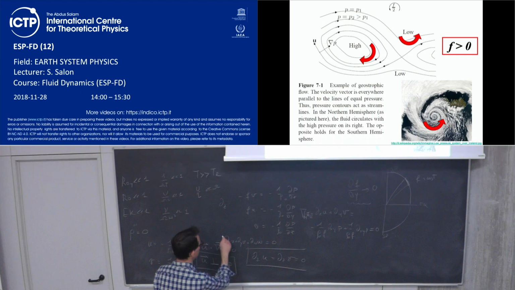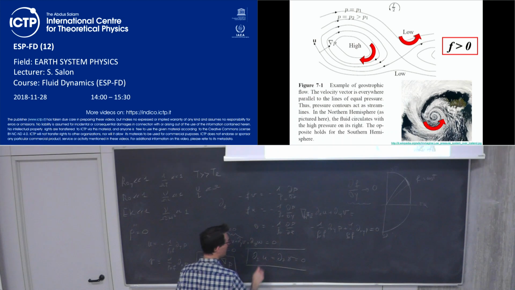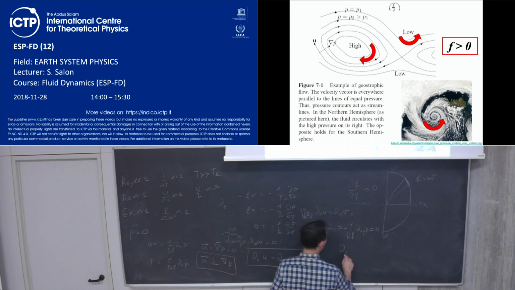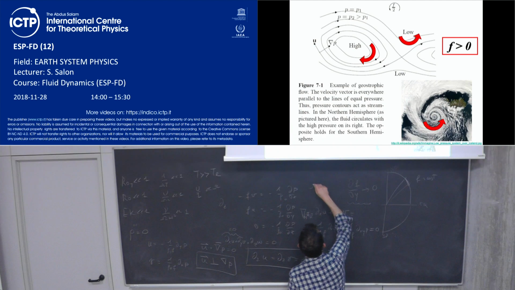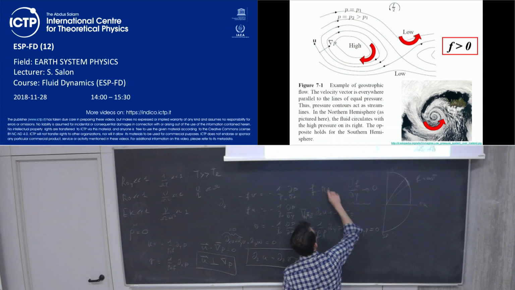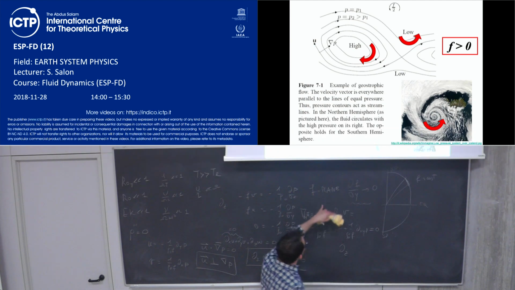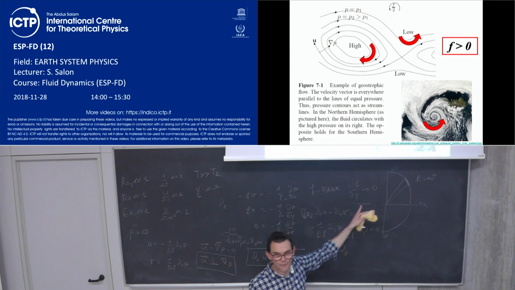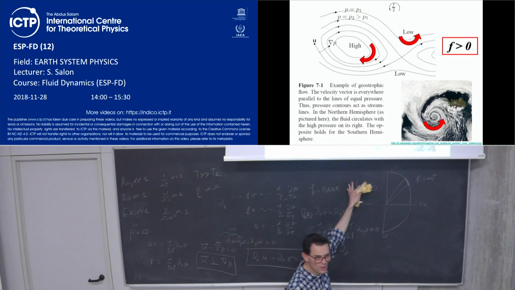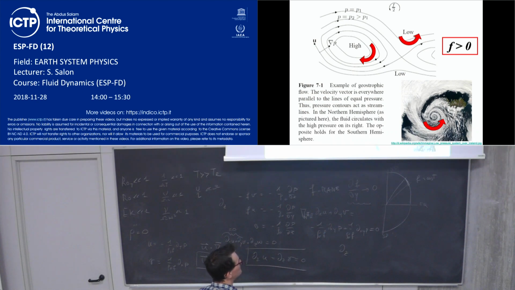And what happened is that this is equal to 0. Okay? So it means that geostrophic flow on the f-plane, how people call this expression, so f-plane means that the Coriolis parameter doesn't change too much along the meridional direction.